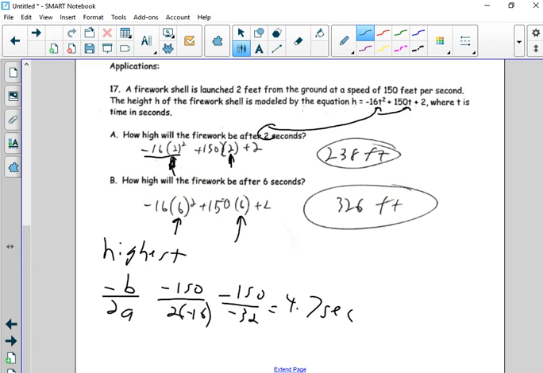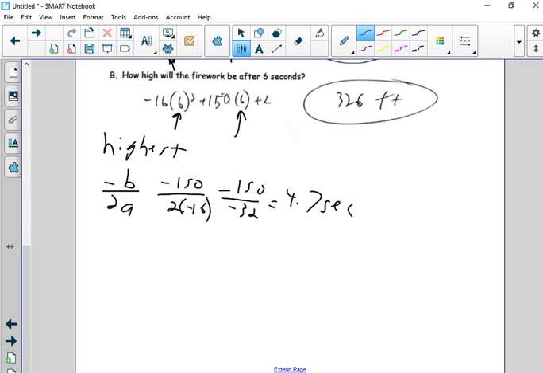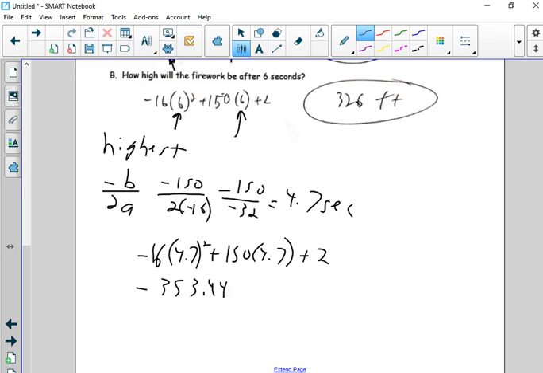Approximately. Now we're going to do the same thing we did with the first two problems, except we're plugging 4.7 in. So negative 16, 4.7 squared, plus 150 times 4.7 plus 2. So 4.7 squared, 22.09, times negative 16 is negative 353.44.